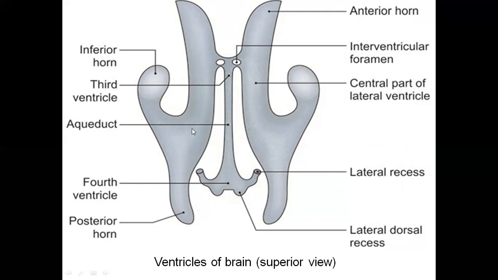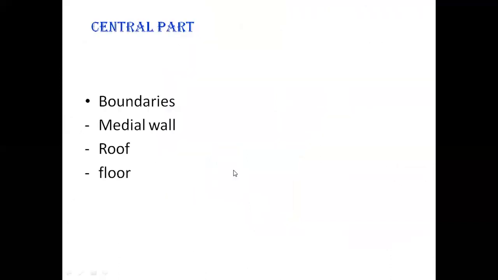Okay. Then right and left lateral ventricles are connected by means of interventricular foramen, also called as foramen of Monro. From here, the CSF is now entering into third ventricle. From third ventricle, we have cerebral aqueduct. The CSF will enter into fourth ventricle.